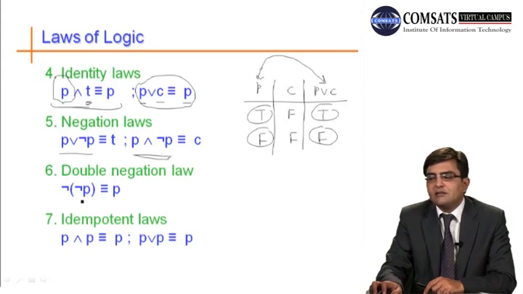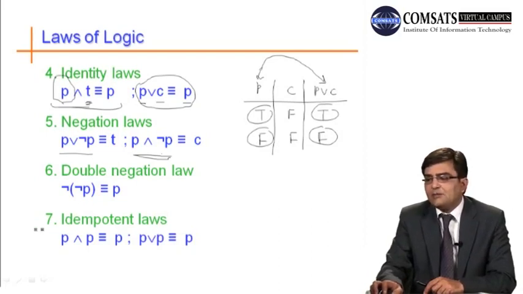If we take its negation, it will become false, and if we take its negation again, it will come back true. So in both rows, P is logically equivalent to the negation of the negation of P. So this is called the double negation law.